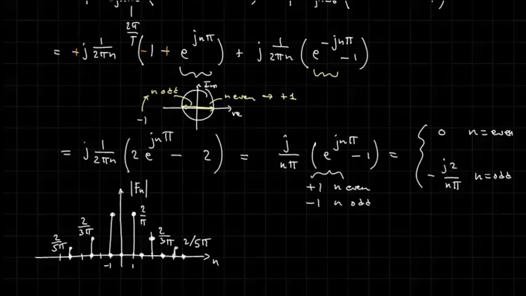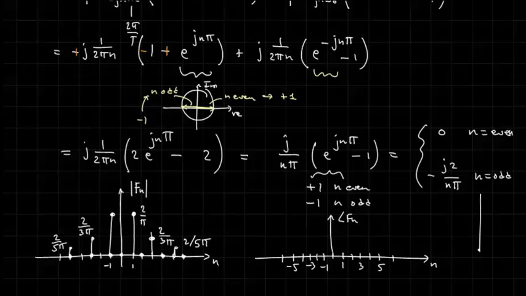Okay, that's the magnitude, and then what's the argument? The angle, we'll only plot it for the odd values: 1, 3, 5, minus 1, minus 3, minus 5. In each case, the coefficient is purely imaginary.